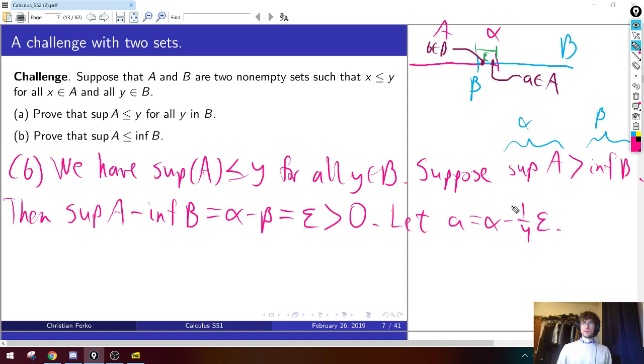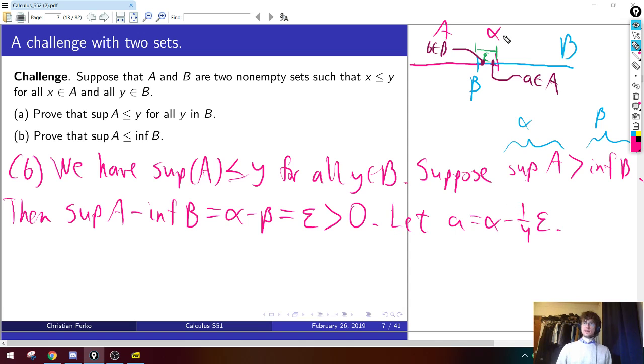Okay. What would happen if there was nothing in A between this guy and alpha? If there's nothing in between that value and alpha, then the supremum of A would not be the least upper bound.